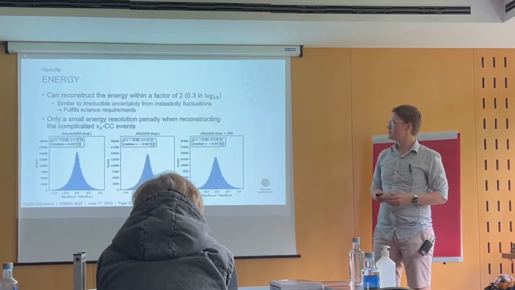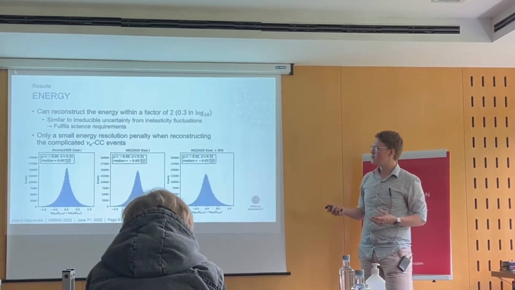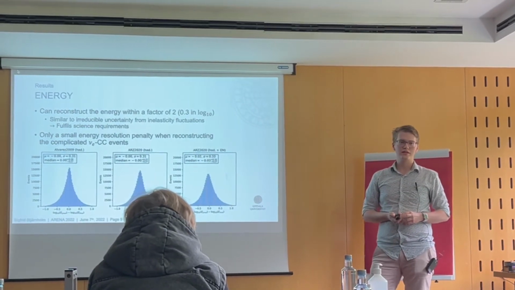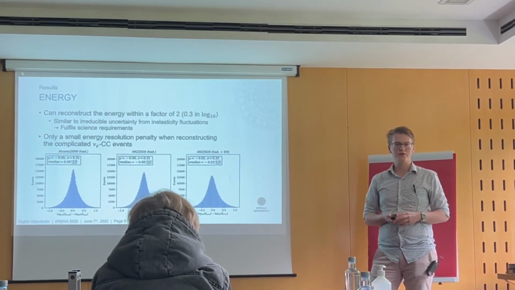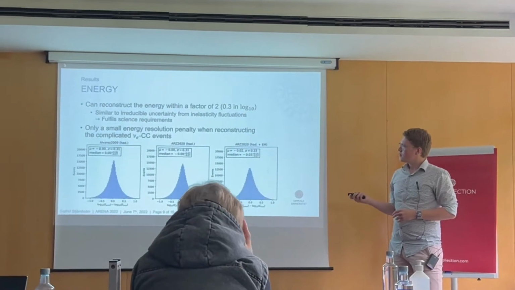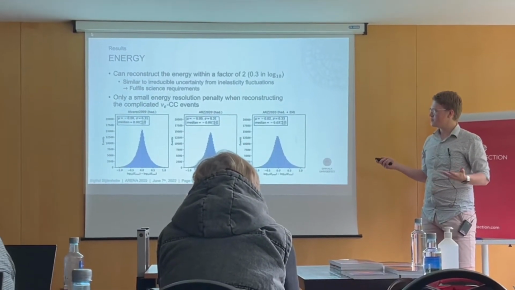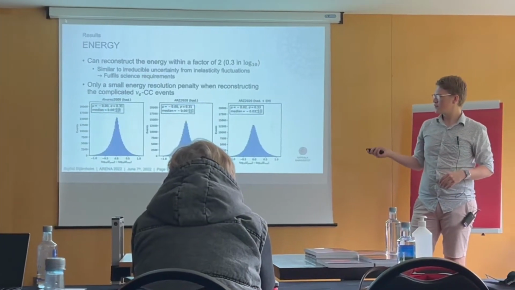This fulfills the science requirements because it matches the irreducible uncertainties from inelasticity fluctuations, which we also covered earlier today. So we see that this complicated event class is still being reconstructed quite well, similar to the others.